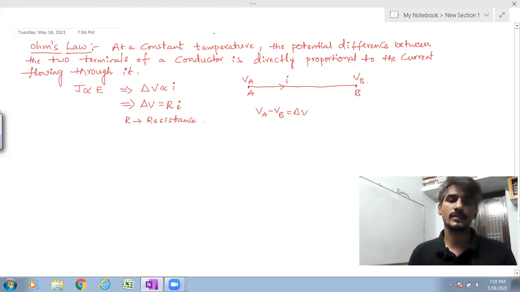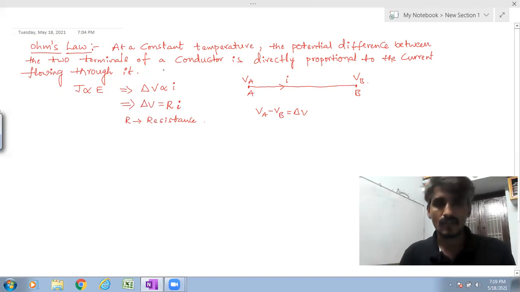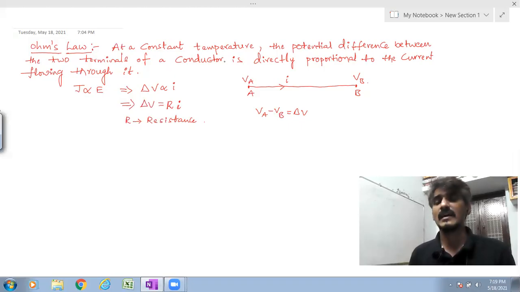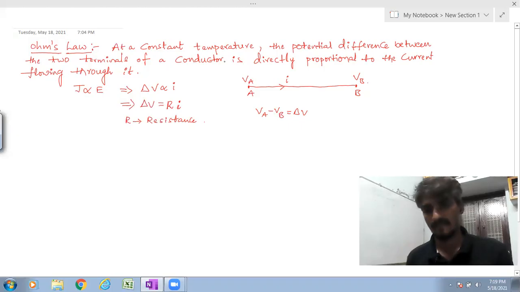At constant temperature. Suppose we go on increasing the potential difference to the two ends of the wire, then after some time, definitely there will be a temperature difference in the wire.